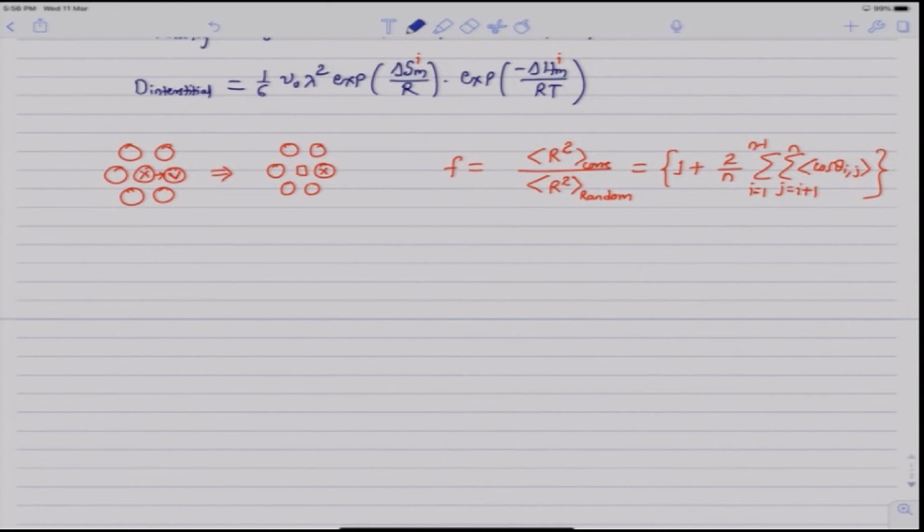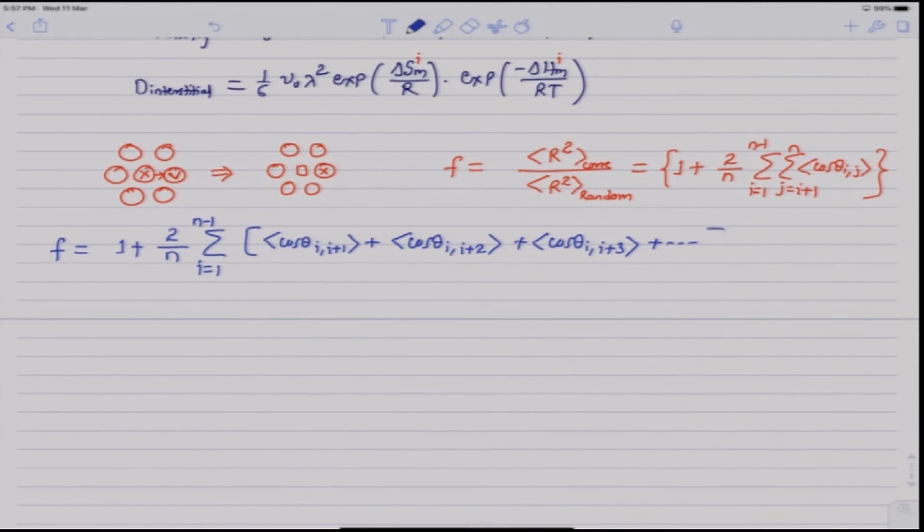So, if we expand the summation inside, we can write f is equal to 1 plus 2 over n, summation i goes from 1 to n minus 1 would be cos theta i plus 1 plus cos theta i plus 2 plus cos theta i plus 3 and so on.